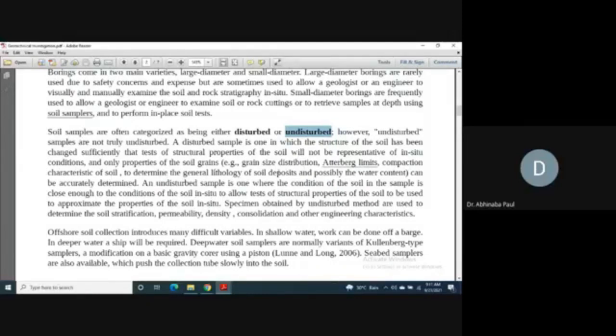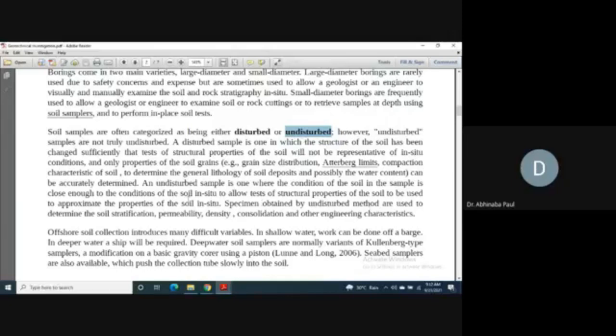So these tests actually need disturbed samples, water content. So these things actually need disturbed samples. However, for other kinds of parameters that we want to evaluate, we need an undisturbed sample. So what is that?